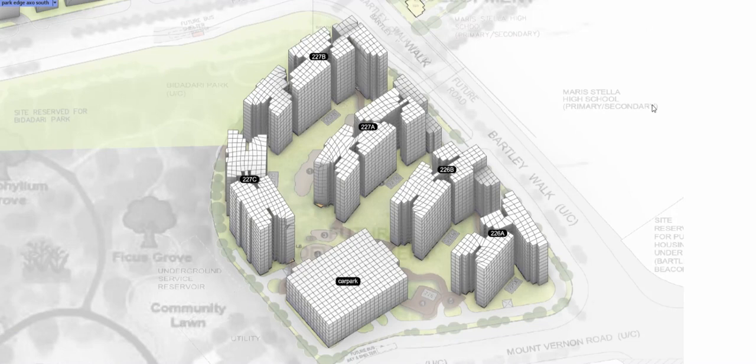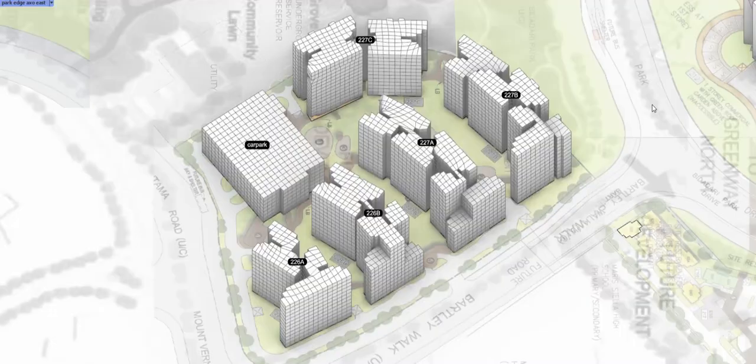Now lastly we'll move on to the east. For the east, the left is the Columbarium area. On top will be the park. At the bottom will be Maris Stella School, and on the right side is another development, the older development, sorry.